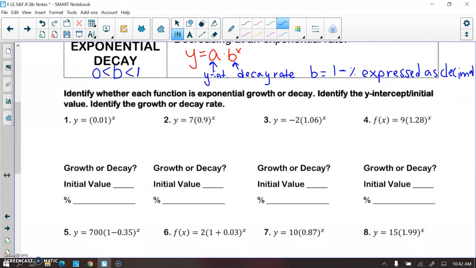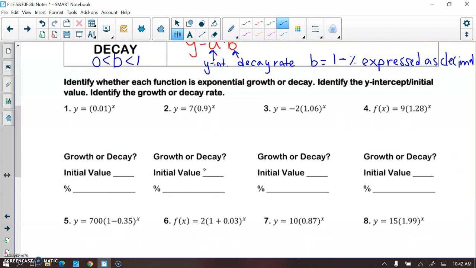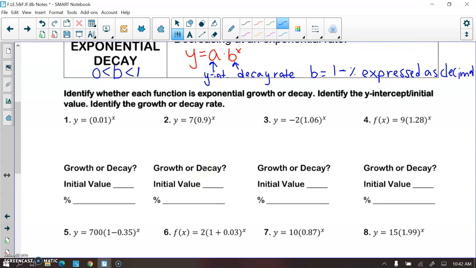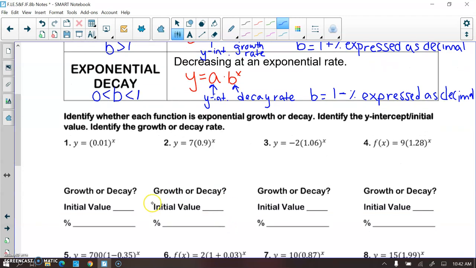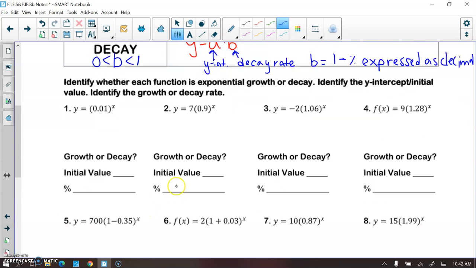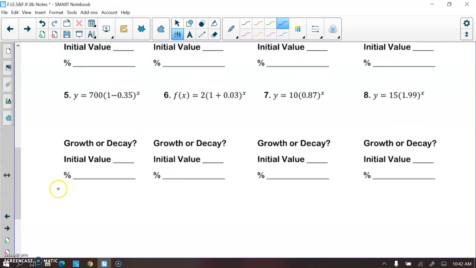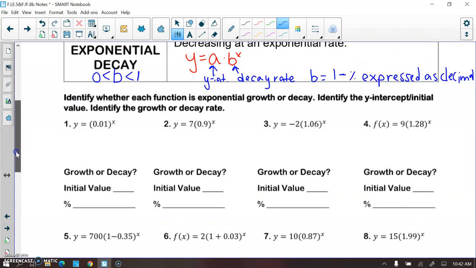So in this lesson, we are going to be determining whether we're dealing with growth or decay, and we're also going to be determining the initial value, which is the y-intercept, and we're going to be determining the percent written as a percentage.